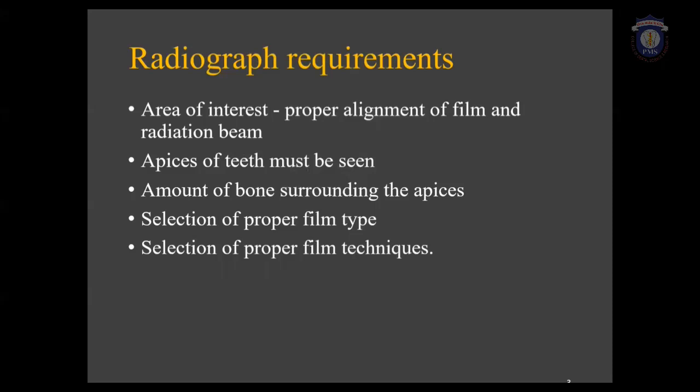The apices of the teeth in the area of interest must be seen clearly. The amount of bone surrounding the apices of the teeth in the area of interest must also be seen clearly.